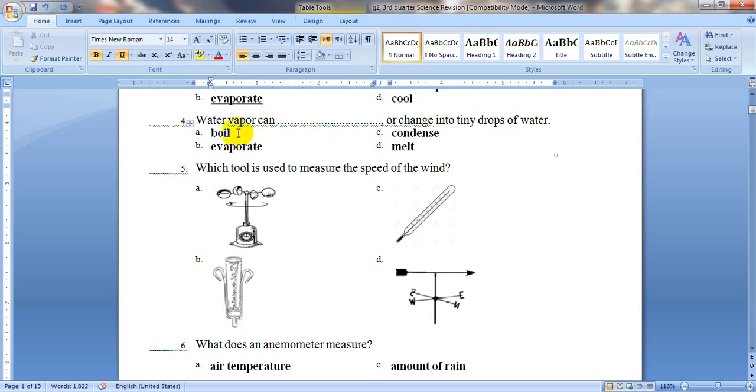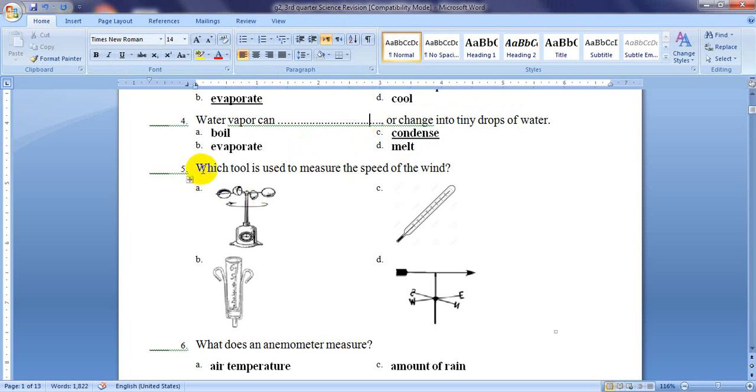Does the gas boil, evaporate, condense, or melt? This process actually happens all the time up in the air, and it forms clouds. Which process do you remember makes or forms clouds? It was condensation. So the water vapor will condense to change back to be tiny drops of water.